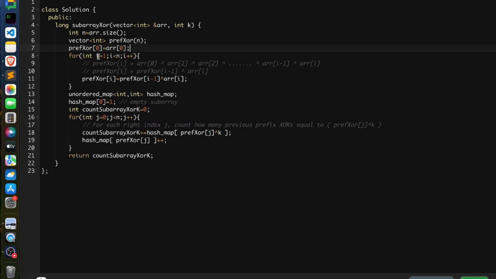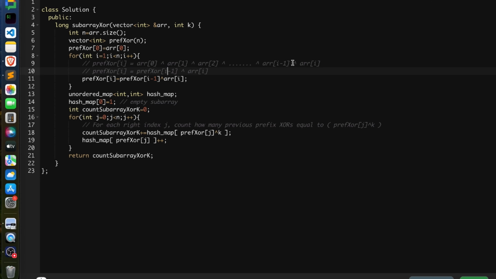Now from index i equal to 1 onward, we will try to find what is my prefix XOR of i. So prefix XOR of i is nothing but the XOR of all the numbers from index 0 to i, meaning ARR of 0 XOR ARR of 1 XOR ARR of 2, up till XOR with ARR of i.